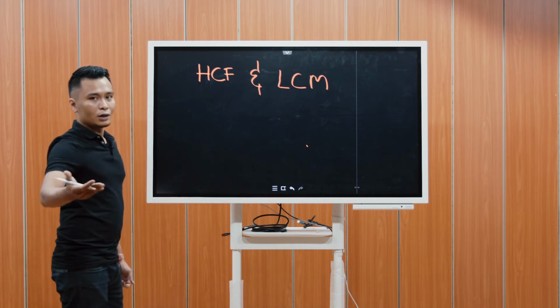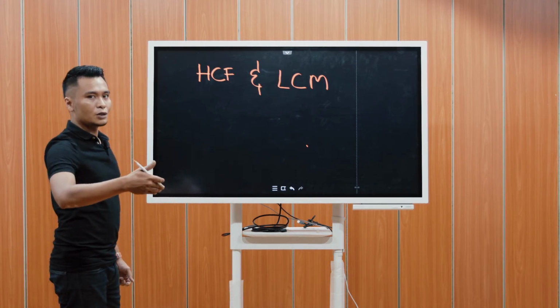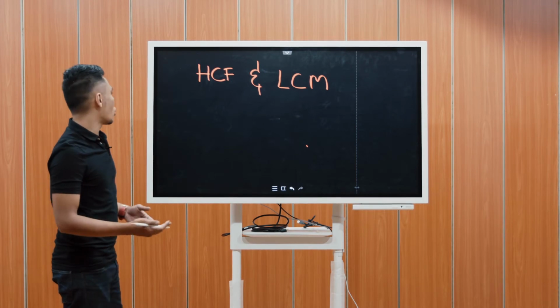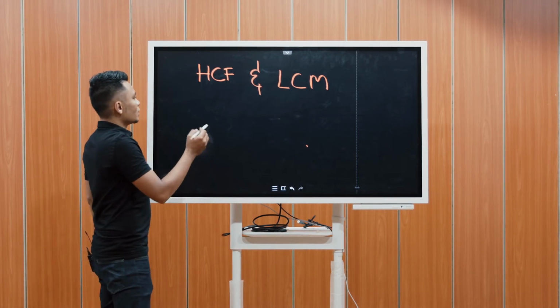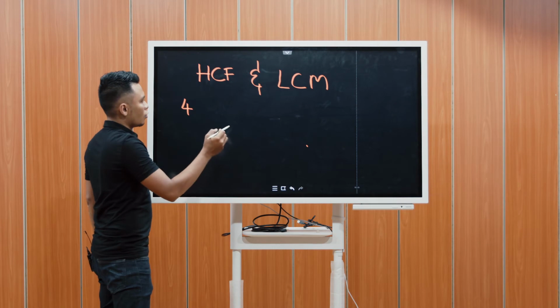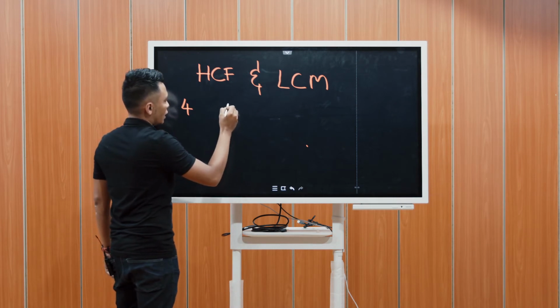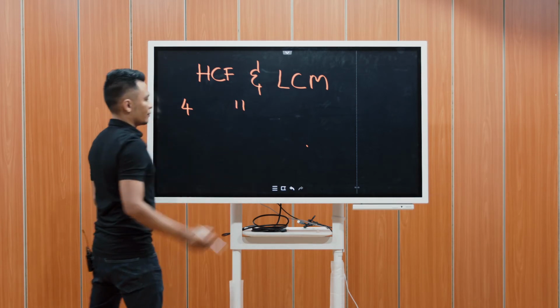Okay, before I start on the easy way to do it, let me show you what lowest common multiple means. I'll give the numbers 4 and 11. Okay?